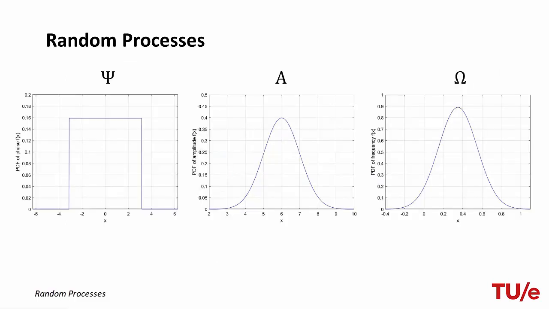We have, for example, a uniform distribution for the initial phase, and we can have perhaps Gaussian distributions for the amplitude and frequency. We have a random process here. If we fix the time over all experiments, the parameters we measure are random variables with a distribution function.